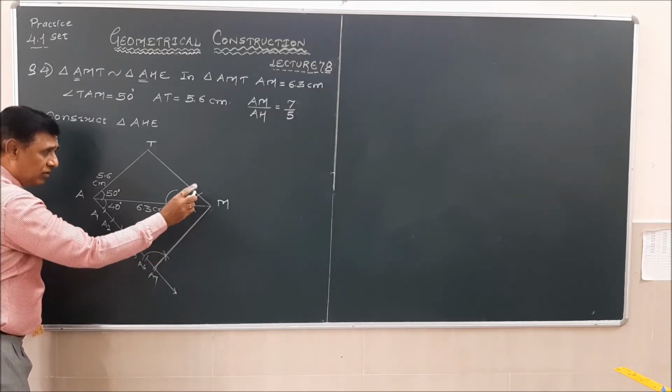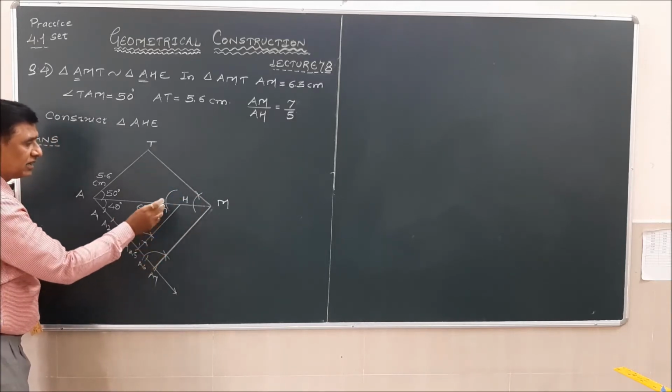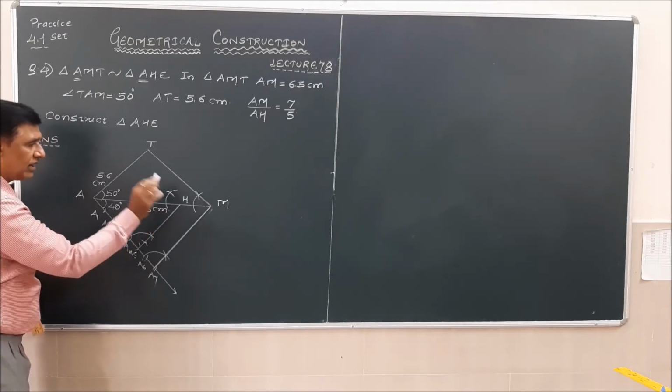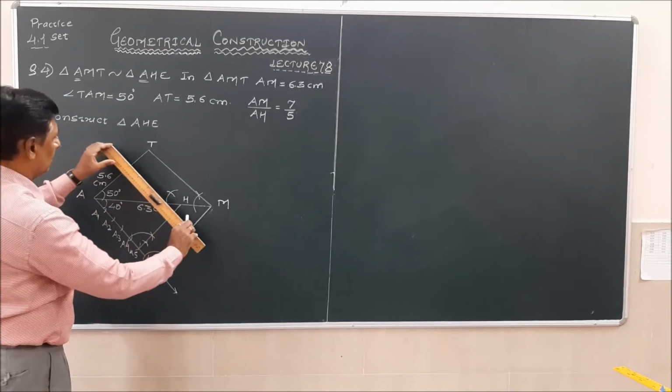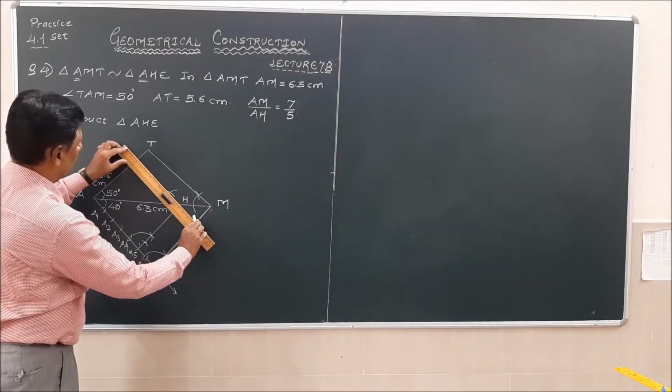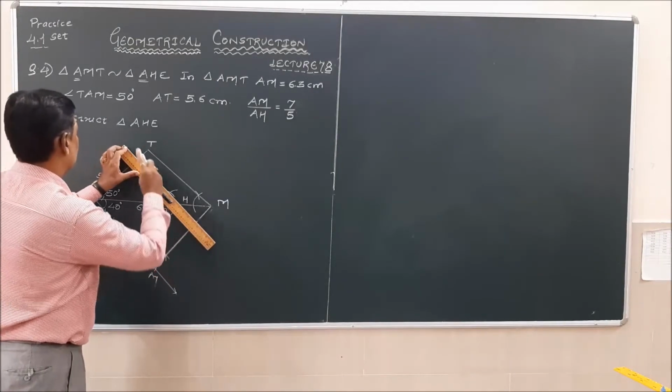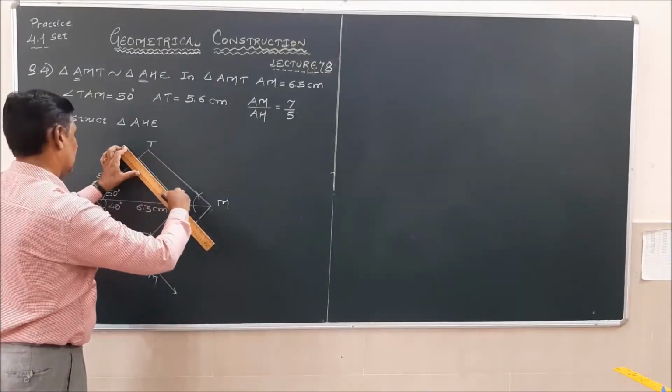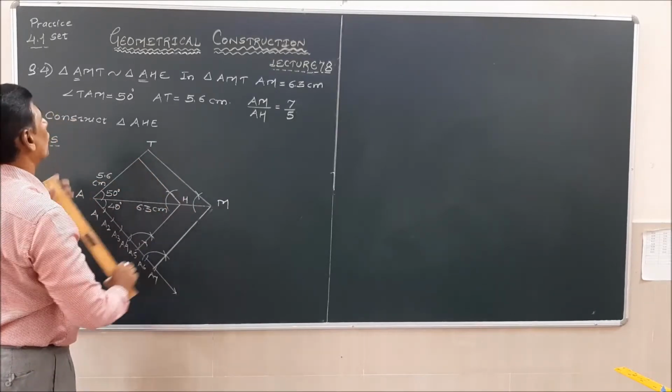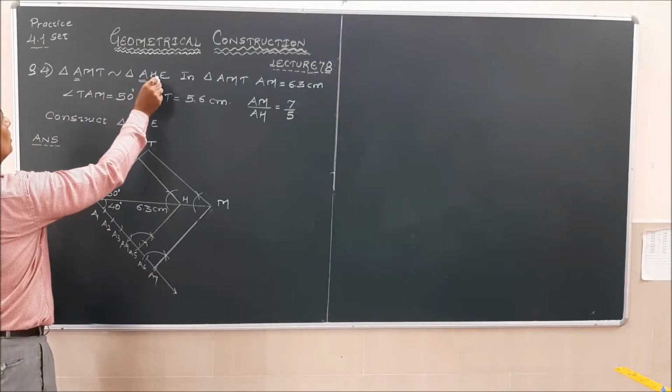Place the metal point over here and draw an intersecting arc. Place the metal point over here again and draw an intersecting arc. T is congruent with E.